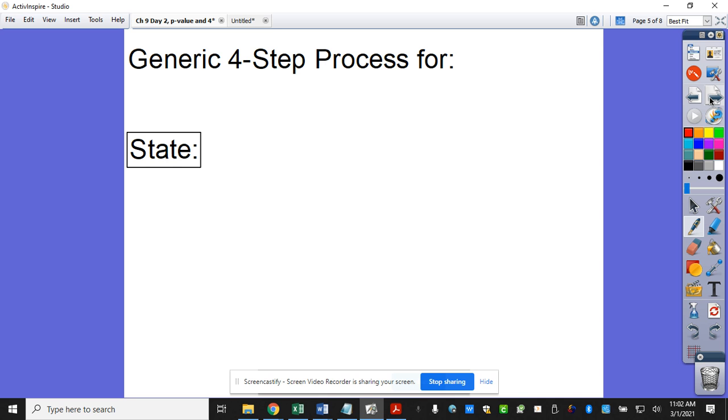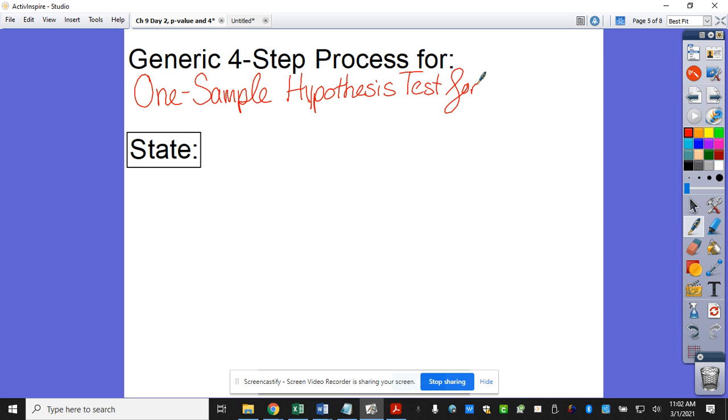We're in chapter 9, and this is a one sample hypothesis test for means. Make sure you have your name on it somewhere.